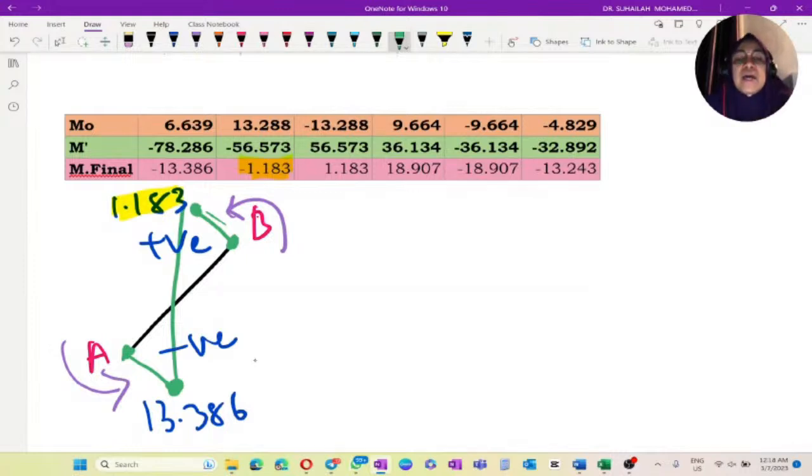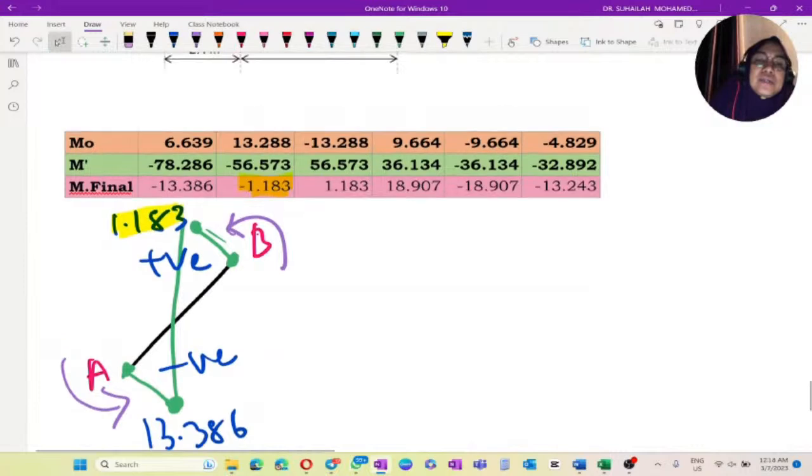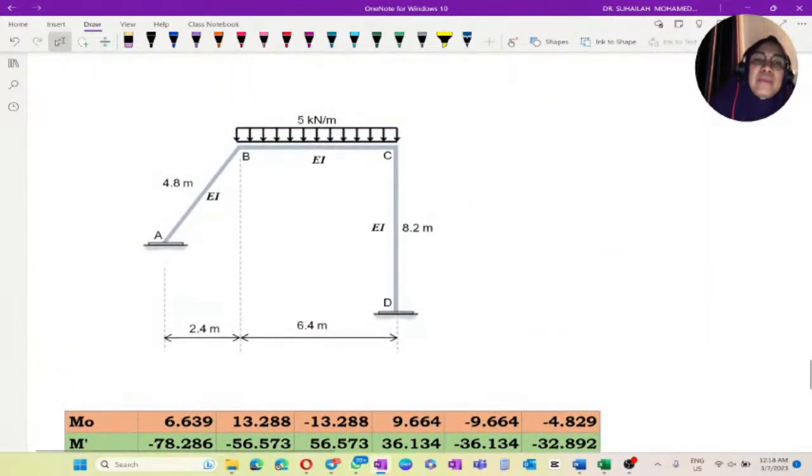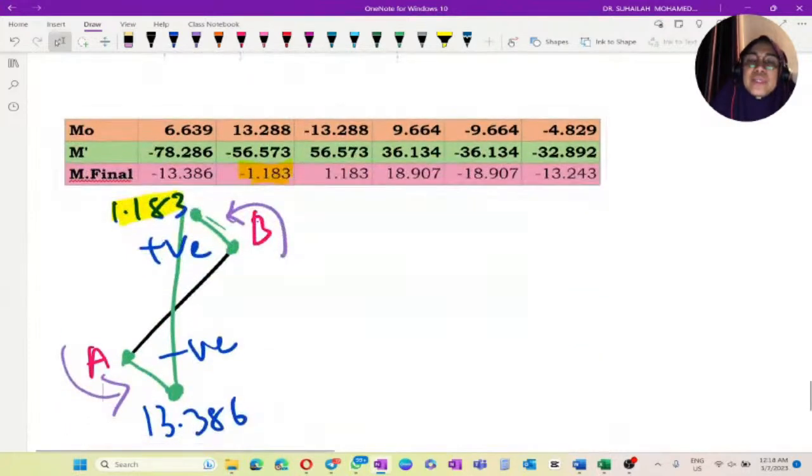Now we will do AB and CD first, because there is no external loading on these members. We will do member BC later. For member CD, we just need to look at the CD and DC values.